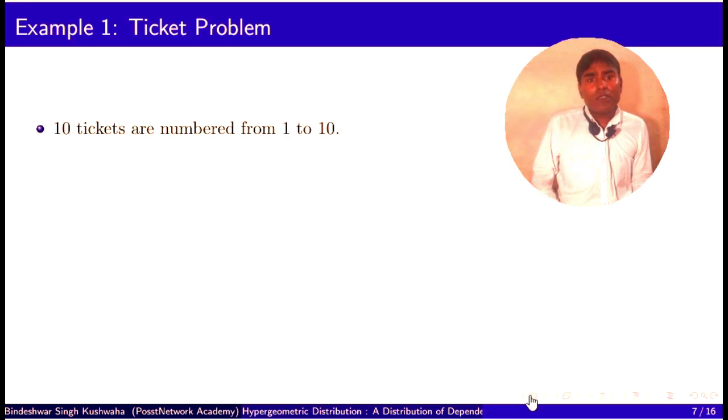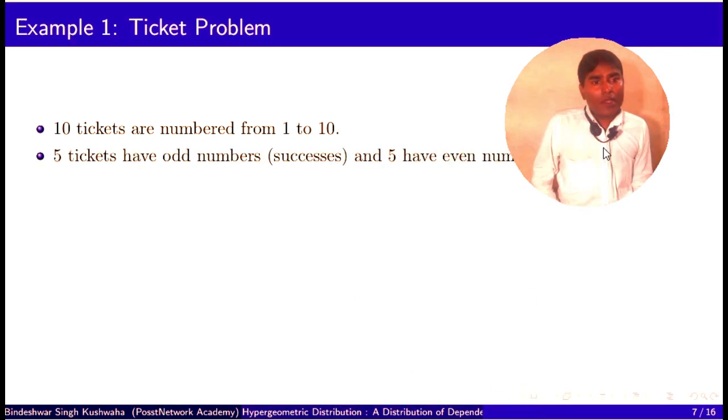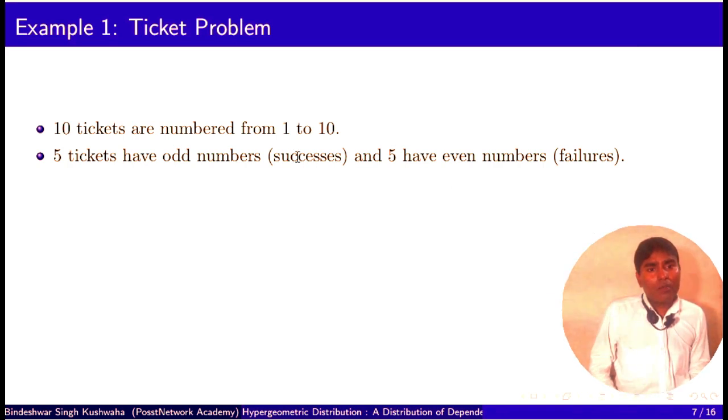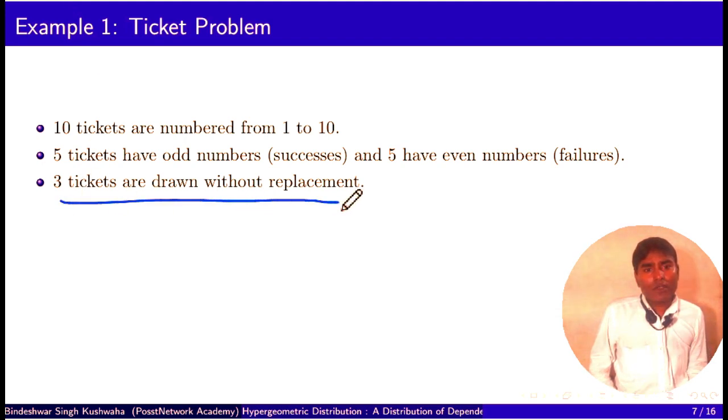Let us see the ticket problem. 10 tickets are numbered from 1 to 10. So 5 tickets have odd numbers and 5 have even numbers. Even numbers are failures and the odd numbers are success. 3 tickets are drawn without replacement.